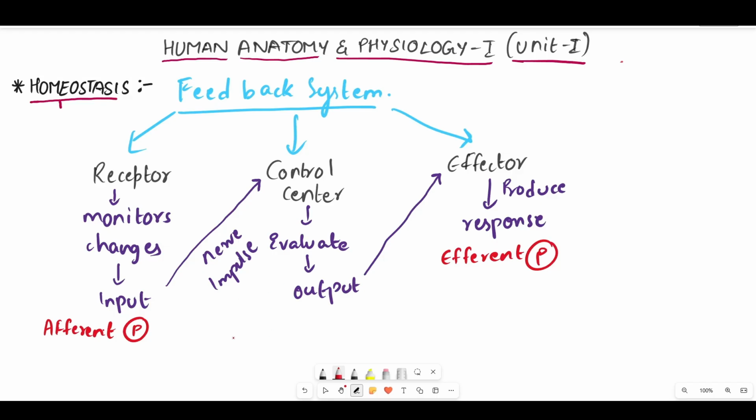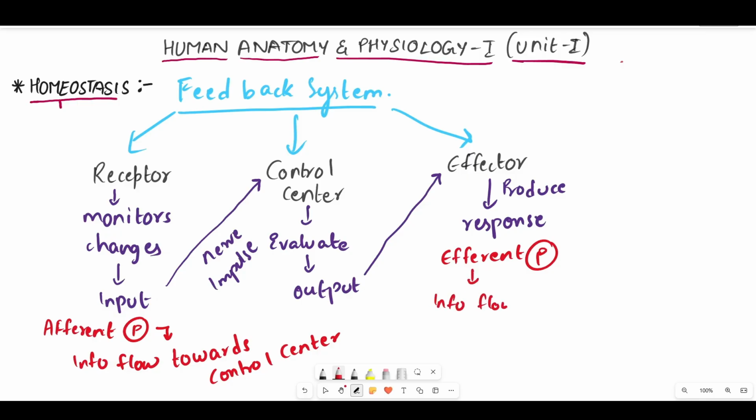It is called the afferent pathway because the information flows towards the control center. Why is it called the efferent pathway here? Here the information flows away from the control center, so that's why it is called the efferent pathway. These are the two important terms.